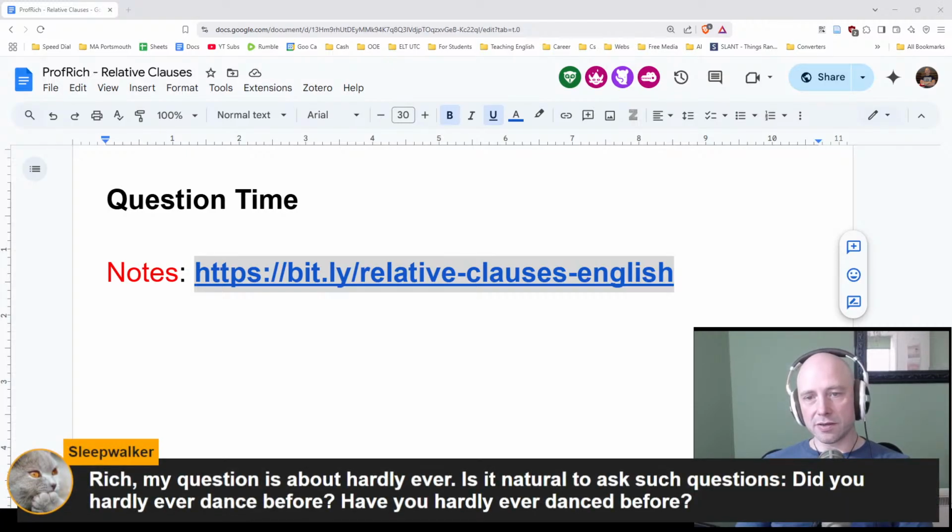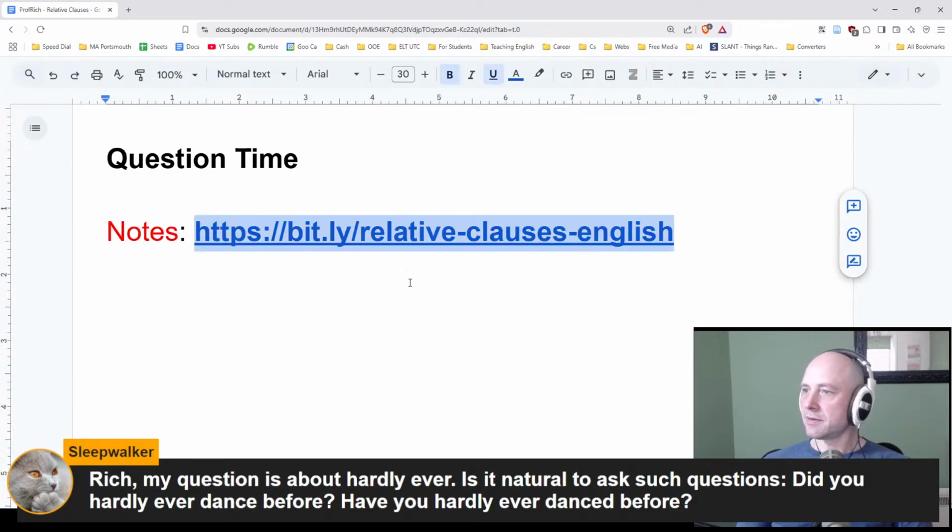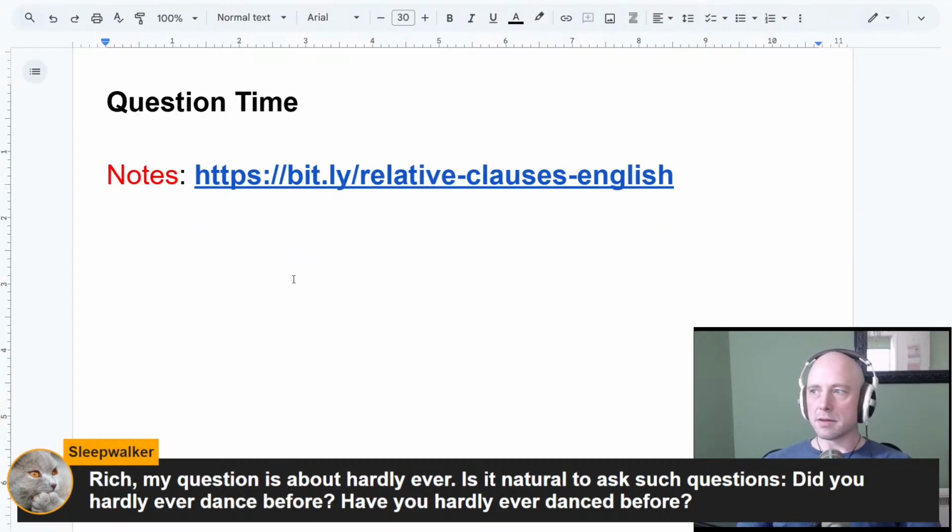So we have a question from Sleepwalker who says, my question's about hardly ever. Oh, lovely. That's a good question already. So, hardly ever. Is it natural to ask a question like, did you hardly ever dance before? Have you hardly ever danced before?